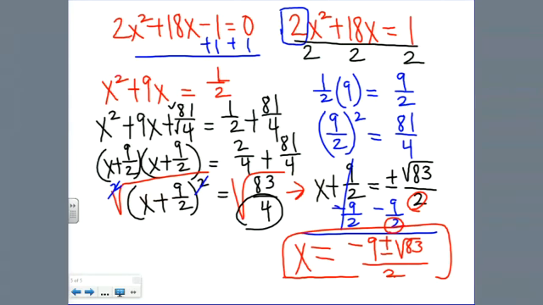Any questions about completing the square or using the square root property from lesson 26?